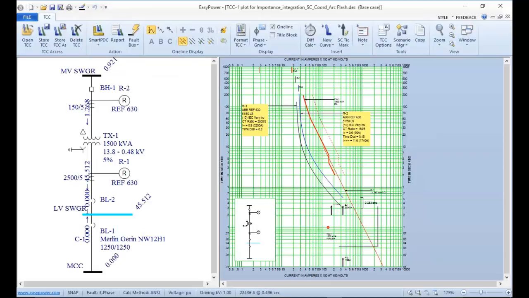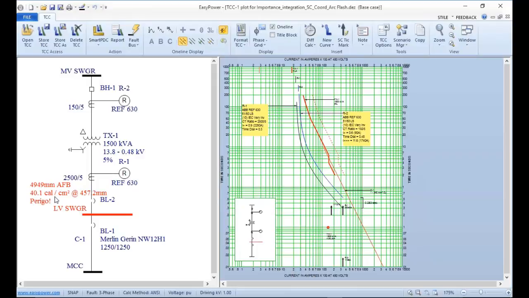The problem here is that if I ask for the incident energy here, I will have 40.1 calories.